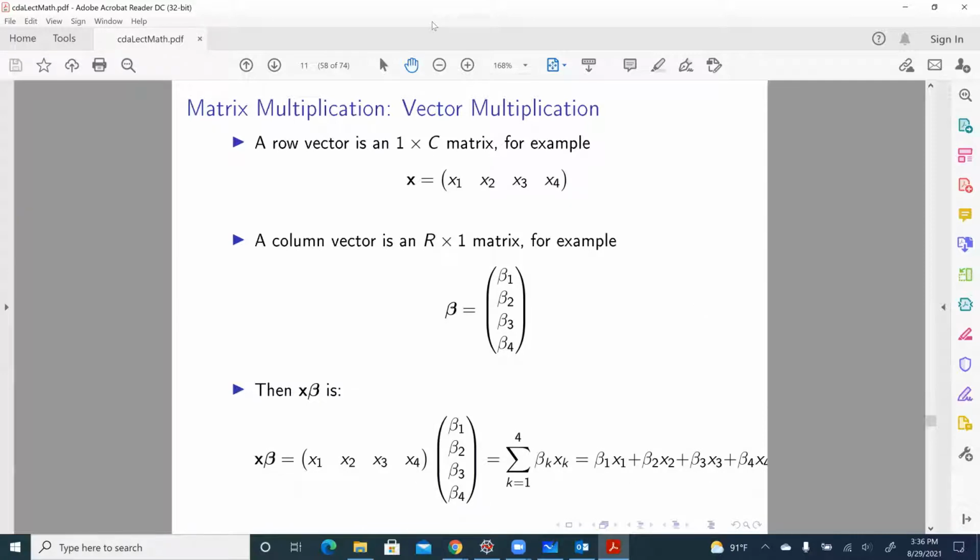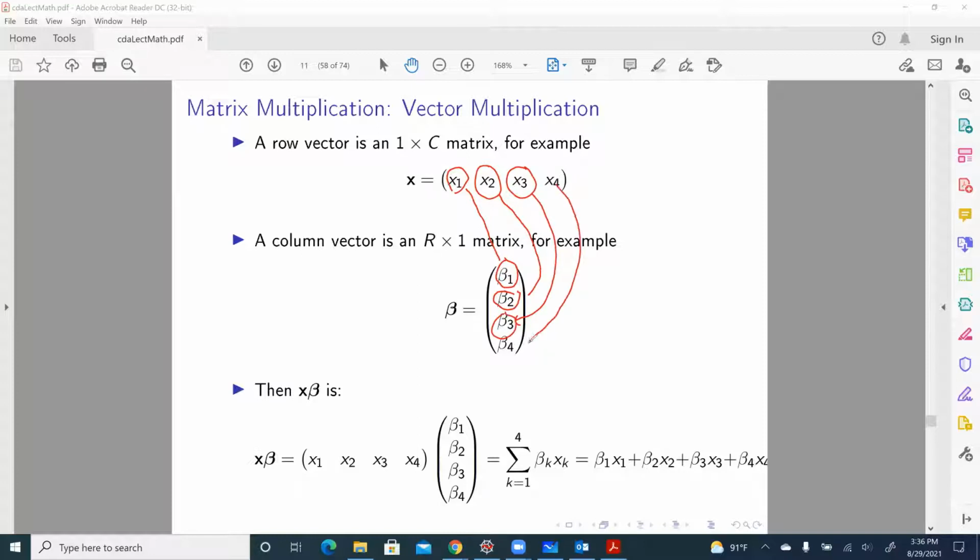What that means is, we're going to use the first element in X to multiply the first element in beta, and then the second element in X is multiplied by the second element in beta, so on and so forth.